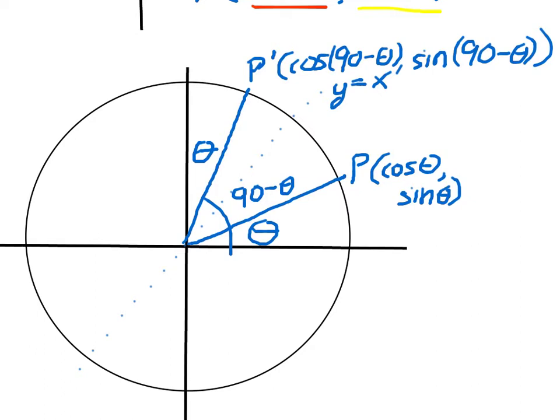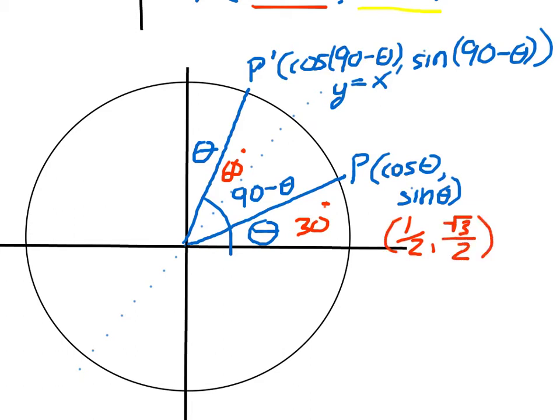And again, we can see some relationships here, and these relationships are probably best illustrated with an example. So let's say that theta is 30, which would make 90 minus theta 60 degrees. From our previous studies, we know that the cosine of 30 is going to be square root of 3 over 2, and the sine of 30 is going to be 1/2.